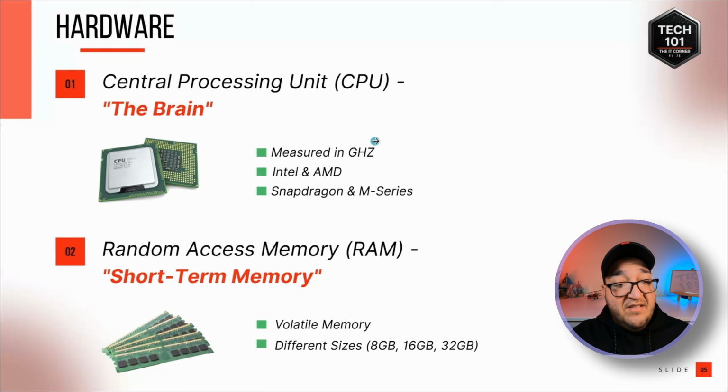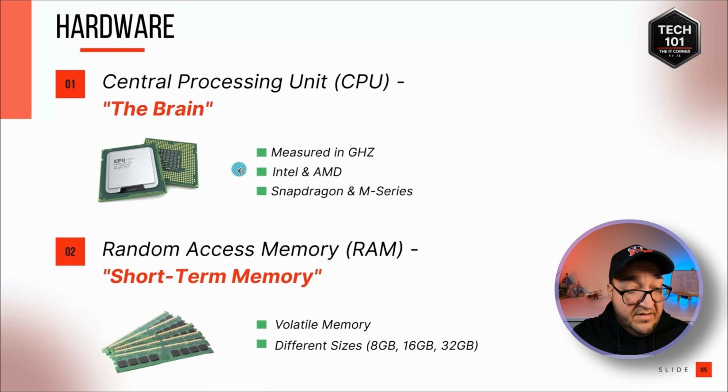There are different brands like Intel and AMD. Those are different companies that create CPUs. You also have, for mobile devices, Snapdragon and the M series from Apple. The higher the gigahertz is, the faster the processor can execute a task. So when you're looking for a CPU, you're looking for something that has higher gigahertz, if that makes sense, okay?